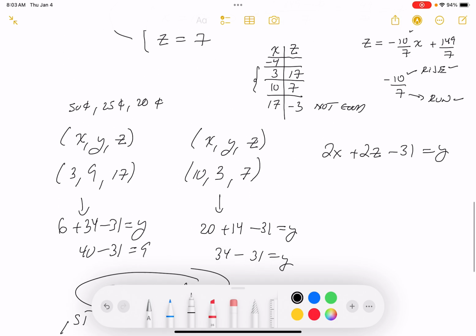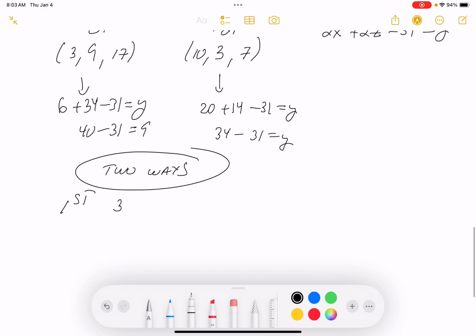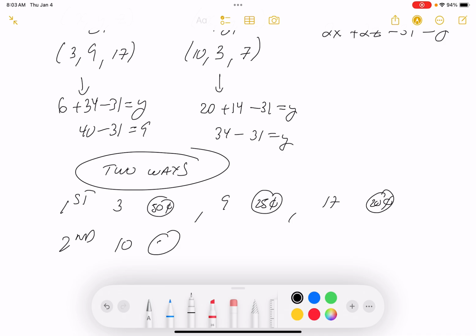So the first way: 3 50-cent coins, 9 25-cent coins, and 17 20-cent coins. The second way it could be done is going to be 10 50-cent coins, 3 25-cent coins, and 7 20-cent coins. And we're done. Thank you.